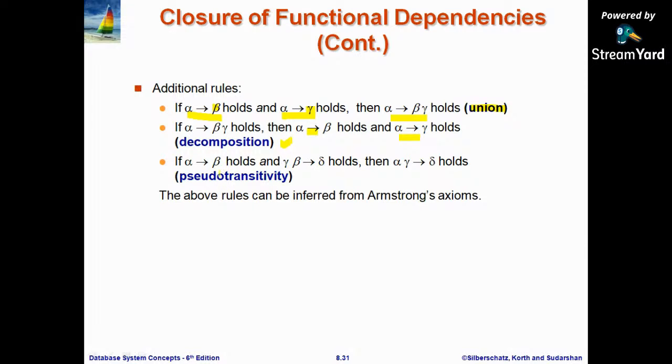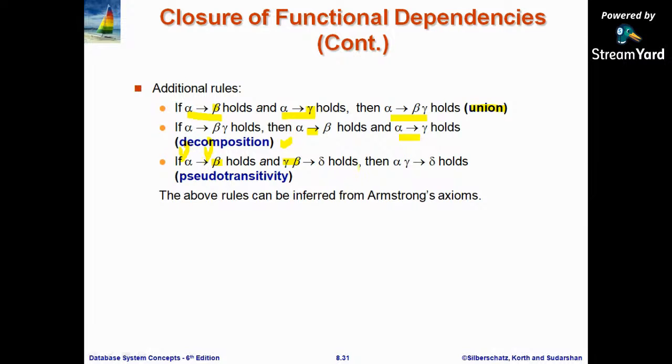The pseudo transitivity says if alpha tends to beta holds and gamma beta tends to delta holds, you can see that you can match this beta with this. How will you match this beta with this? You will multiply it with gamma on both sides. So if you multiply with gamma on both sides, it is gamma alpha tends to gamma beta, and gamma beta will be replaced with delta.